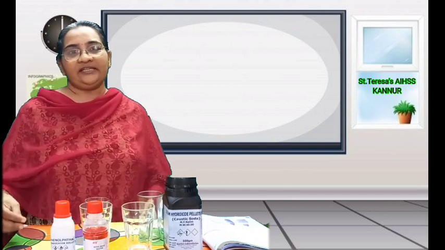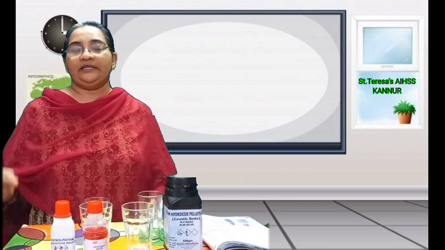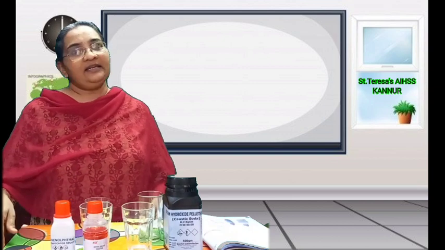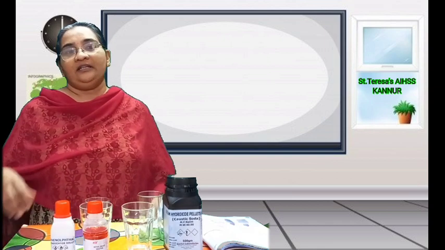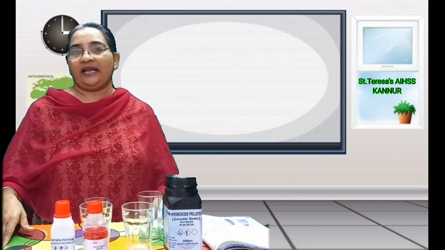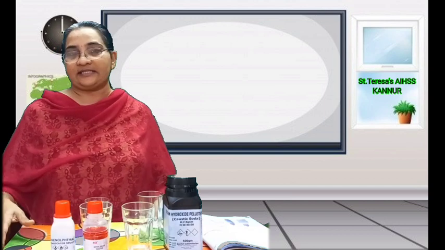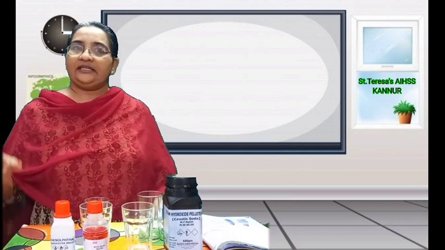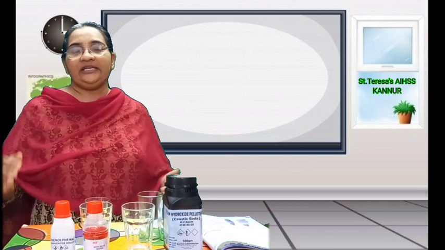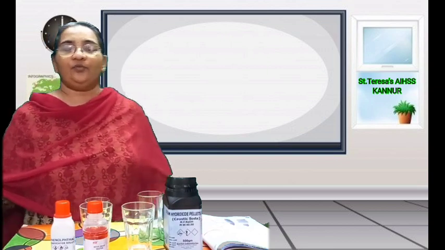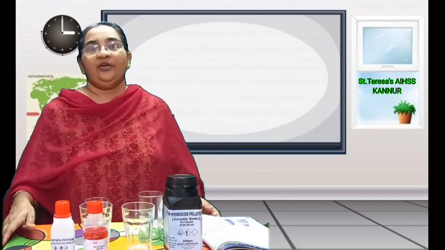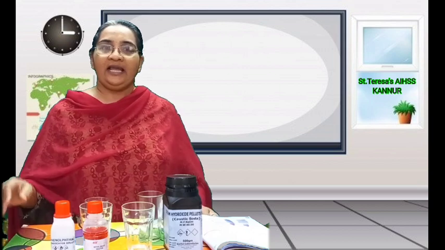So there you saw that when a turmeric paper is dipped in an alkali or in soap water, it turns red in color. The beetroot also, when it is dipped in alkali, it turns pink in color, isn't it? Blue hibiscus paper, when it is dipped in an acid or vinegar, you can see that it turns red in color. So these are certain indicators which we can use to find out whether a substance is an acid or an alkali.